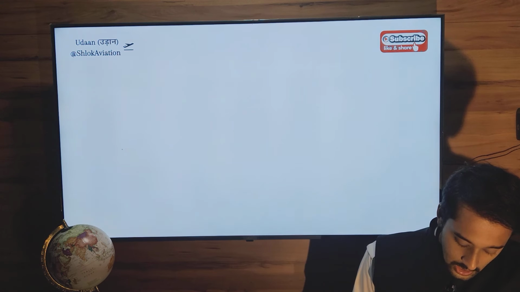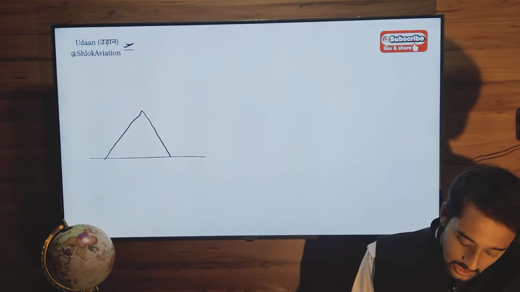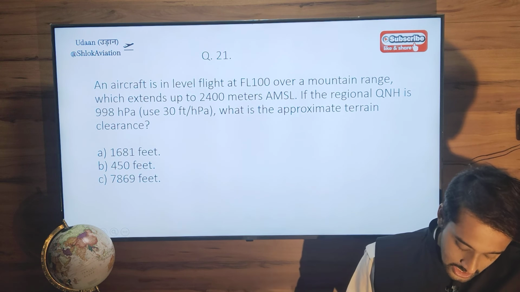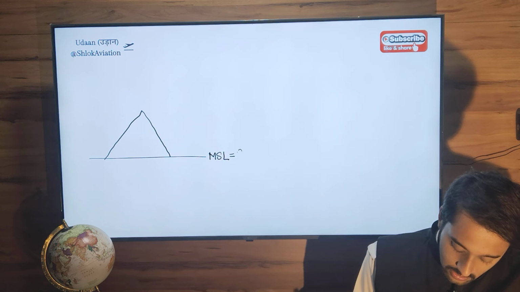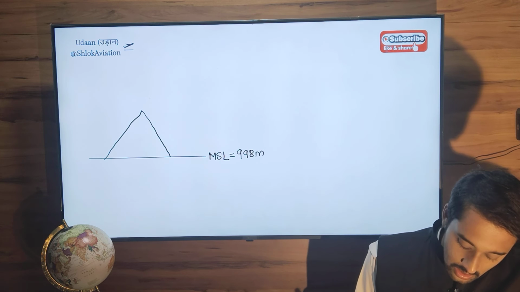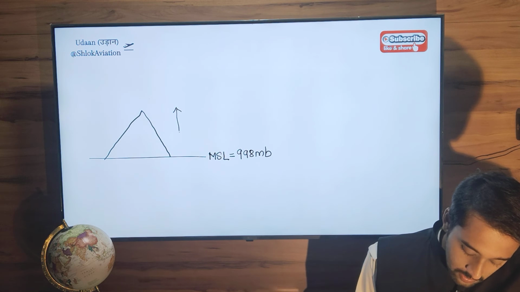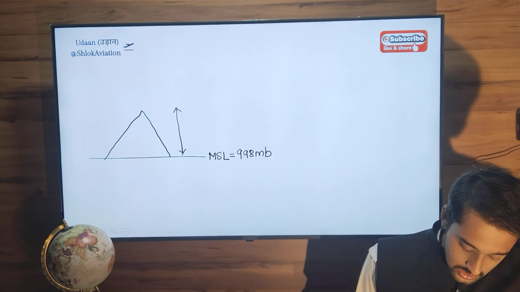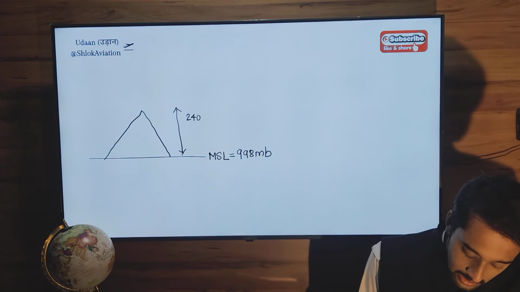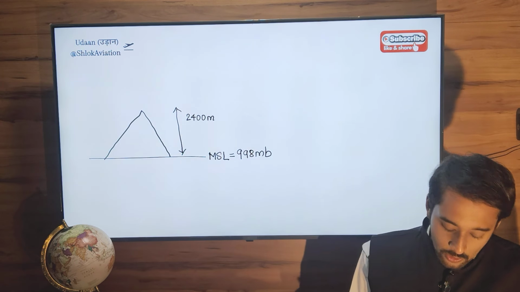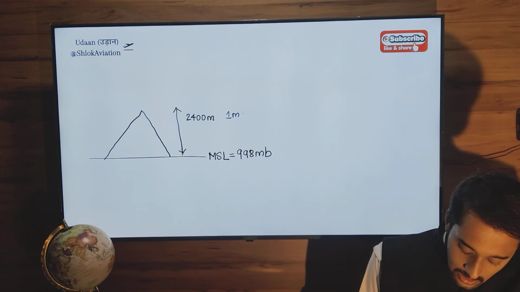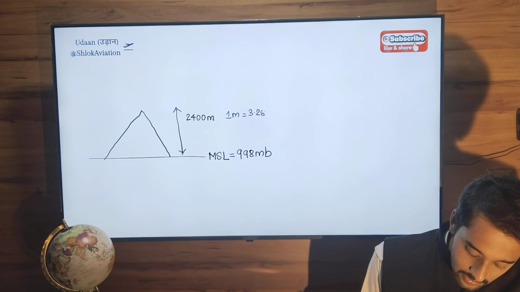Simple. So let's say this is your mountain. Mountain is at mean sea level, and mean sea level QNH is 998. Now the mountain is how much high from mean sea level? It is 2400 meters. To convert that into feet, what is the formula? 1 meter is 3.28 feet.